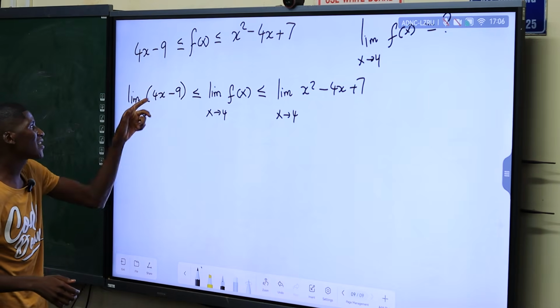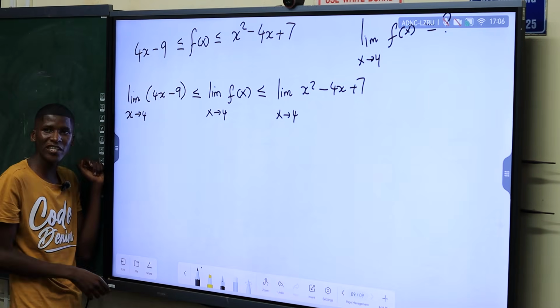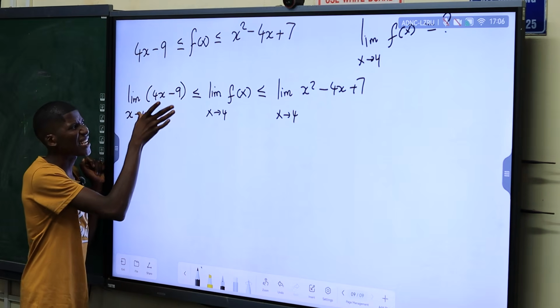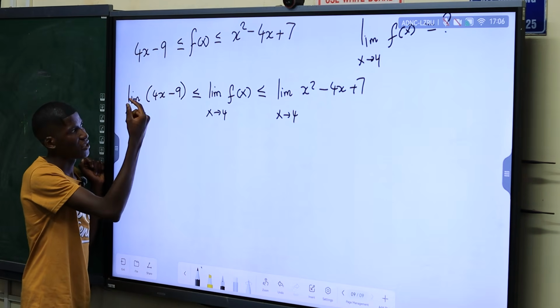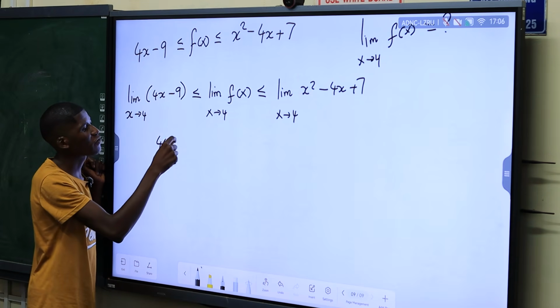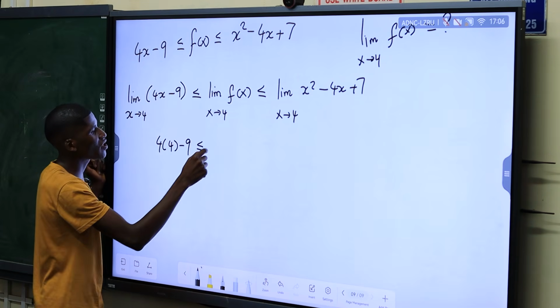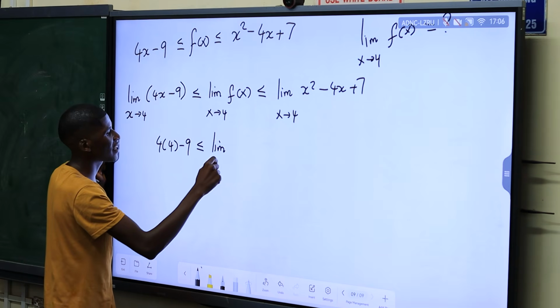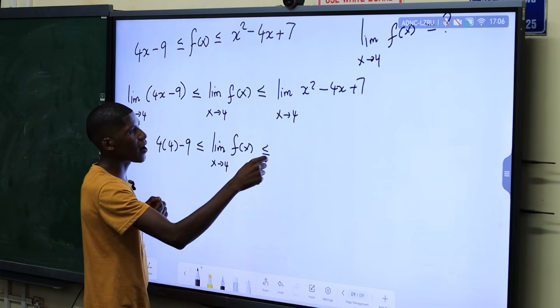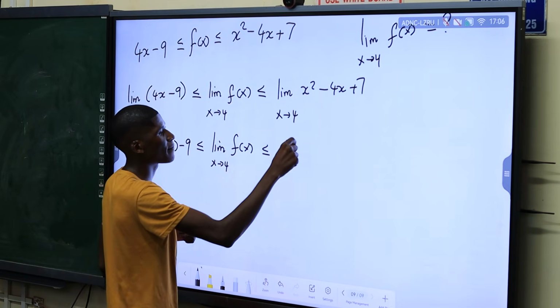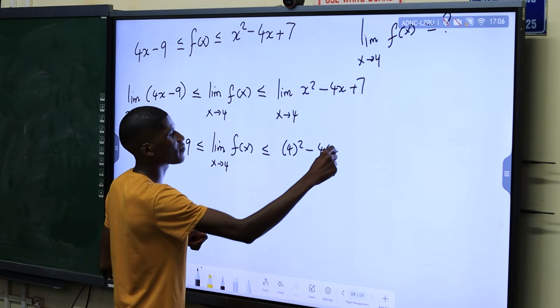And you solve. What is the limit as x approaches 4 of 4x minus 9? Substitute x which is 4. This is 4 times 4 minus 9, which is less than or equal to the limit as x approaches 4 of f of x, which is less than or equal to 4 squared minus 4 times 4 plus 7.